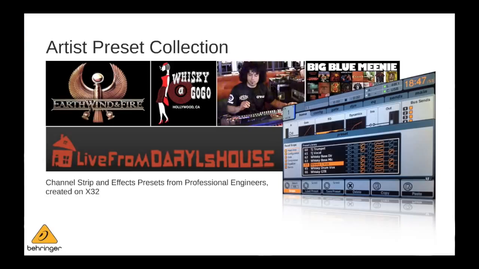We've reached out to some such as the Whiskey A Go-Go in Los Angeles. They're actually using 2 X32s at the front of house and monitor position. Also Earth, Wind & Fire and Living Color, who have been touring with X32 systems. Also Peter Mache, who's known for his work with Daryl Hall and John Oates. And of course, Big Blue Meanie Recording Studios in New York City gave us some presets from the studio perspective.